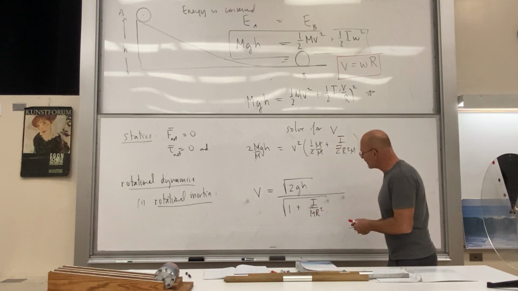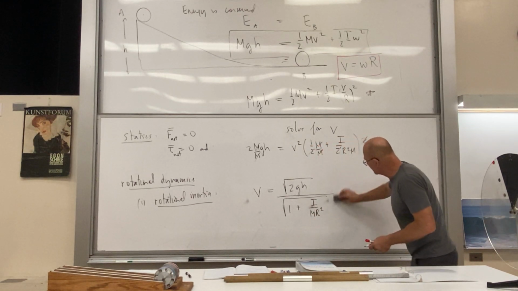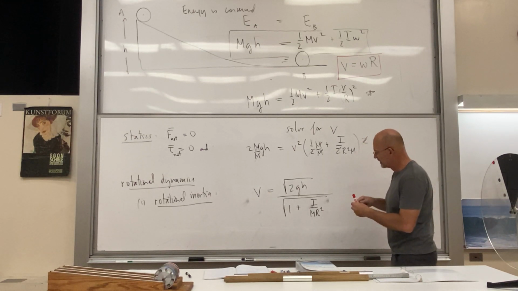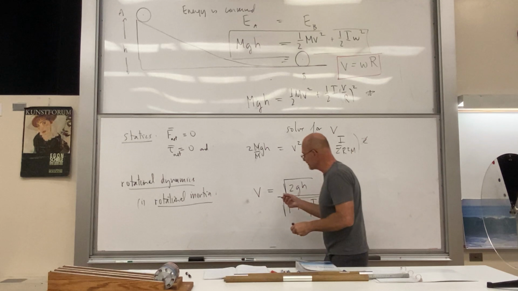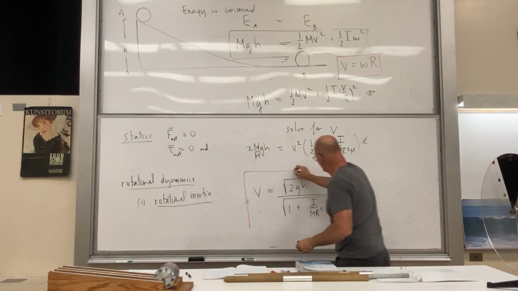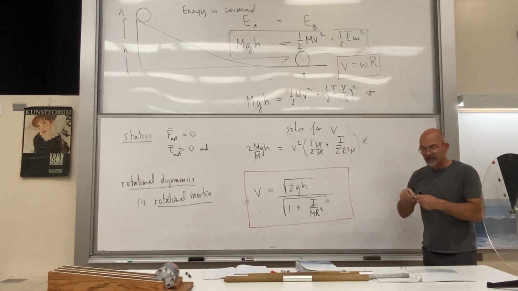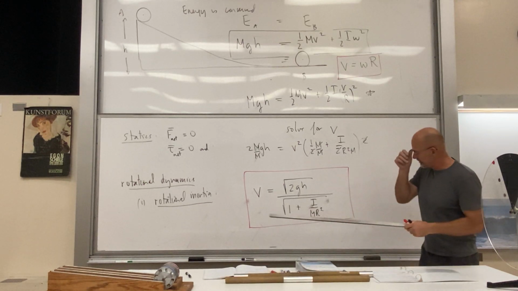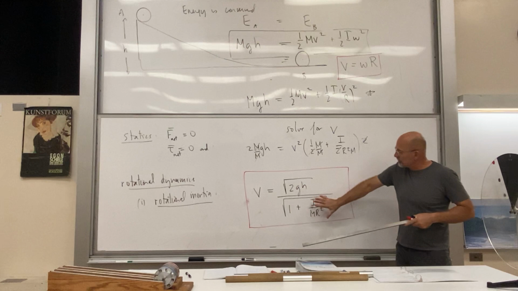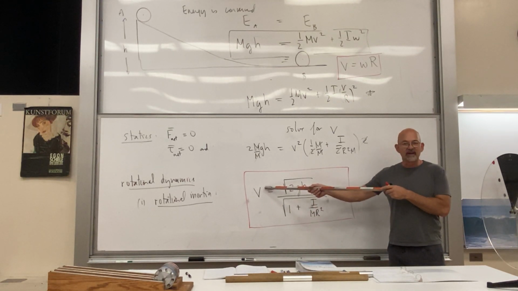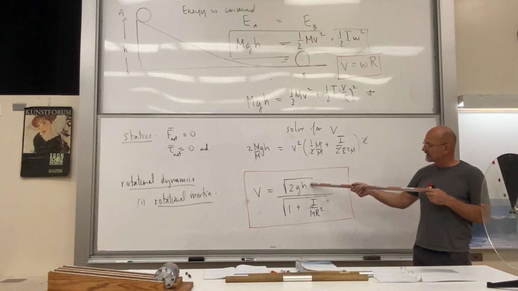So draw this, write this out pretty large so that you really see what's going on here. Let's talk about this for a minute. It's a big red box here, and we've got to discuss this result. If you ignore the denominator, this is the speed that something acquires when it travels through a vertical distance h.